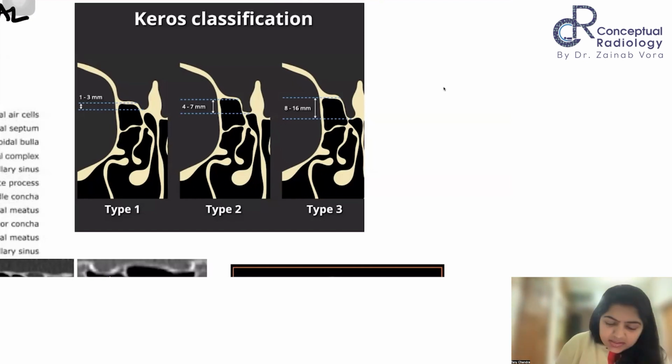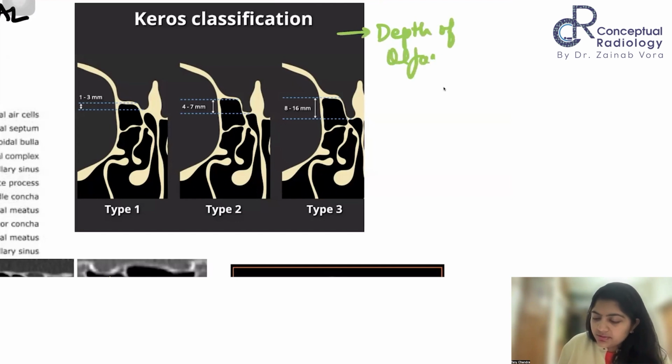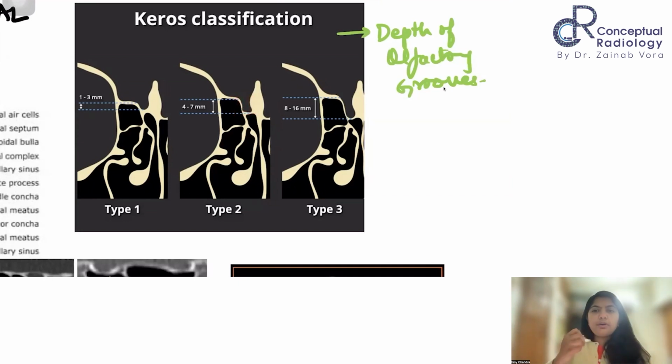So Keros classification tells us the depth of the olfactory region, of the olfactory grooves, right? So when you have these olfactory grooves, you know that their depth matters, because whenever we are trying to treat, we are going to go across the nasal pathway and then try to open these drainage areas. That's what the maximum treatment is going to be for blocked sinuses, right?